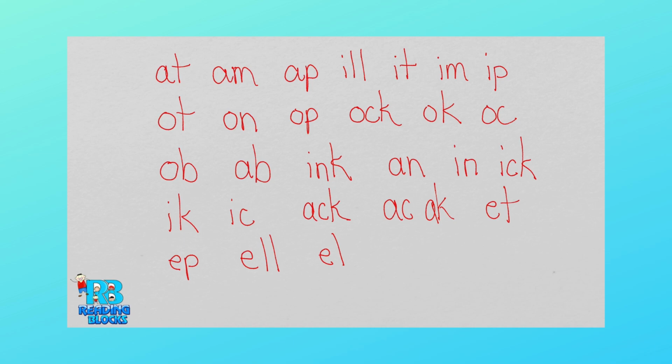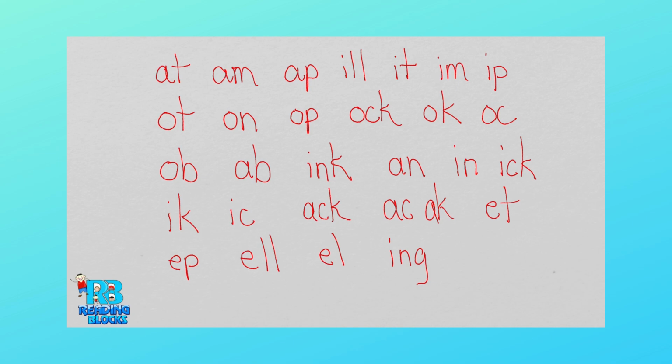And our last one for this, ing. It's like that word family. That's a little tricky. Remember for the ing word family, we would have ring, sing, fling. So that's our ing sound.